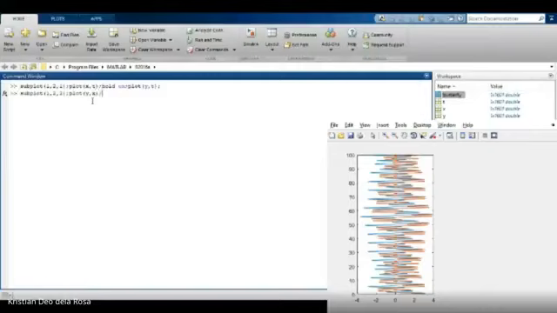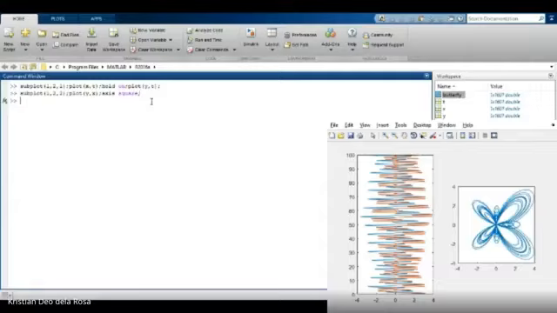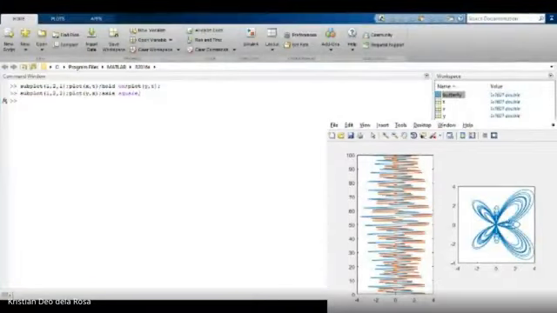And this time, we're going to make the axis square. Hope that's fine. Ayun. Yan na yung butterfly. Ayun, ganda oh.